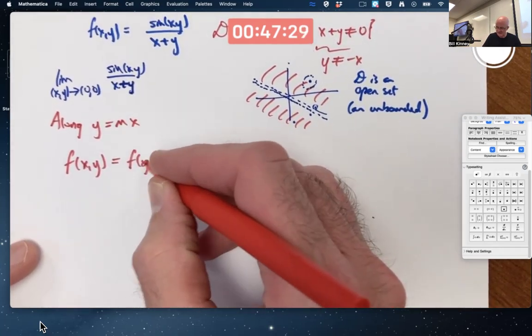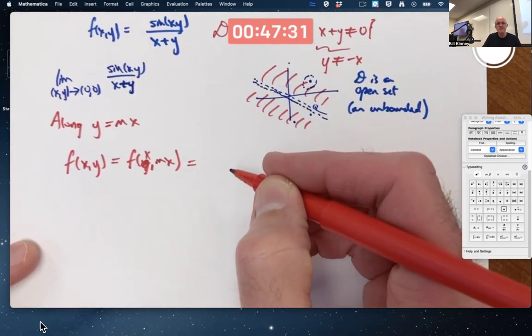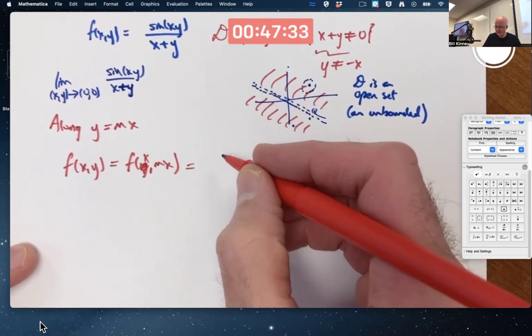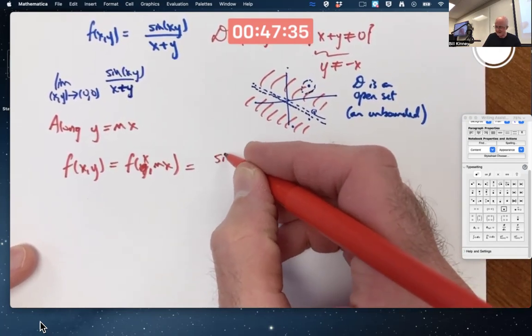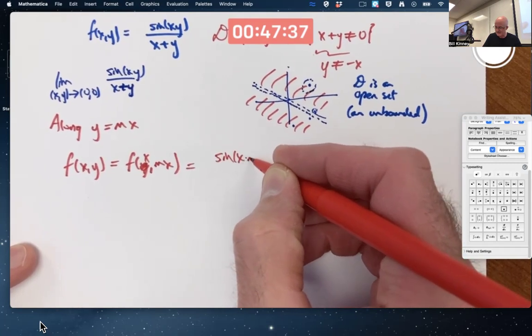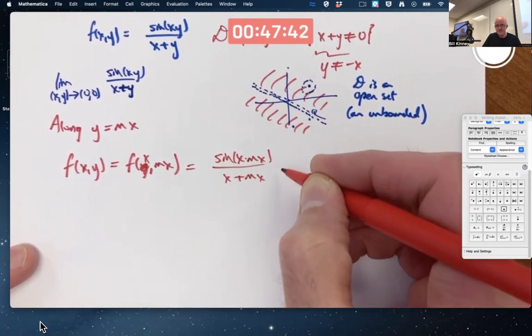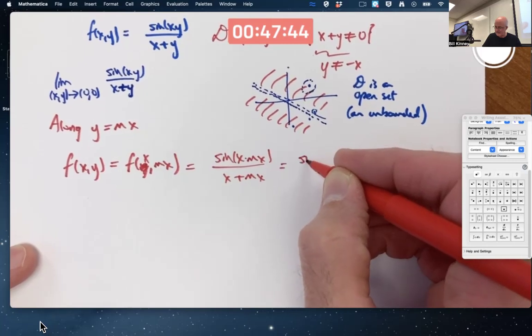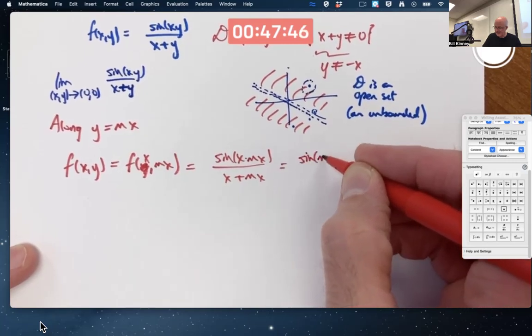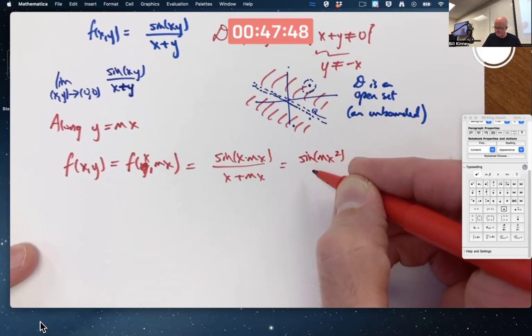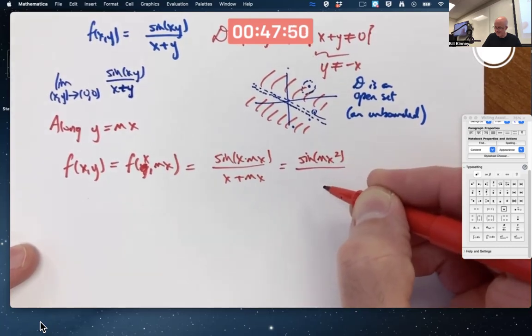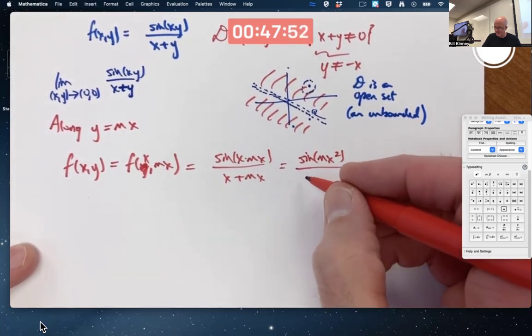Oops, this should be an x here. Replace any y with m times x. So I get sine of x times mx over x plus mx. Sine of mx squared divided by, you could factor out an x, is it necessary?